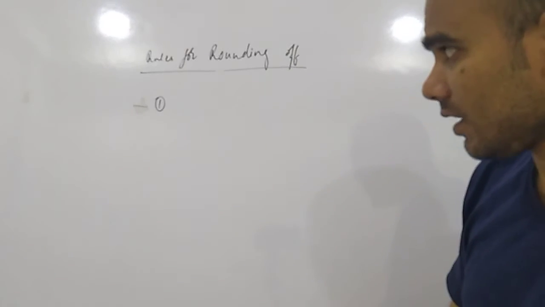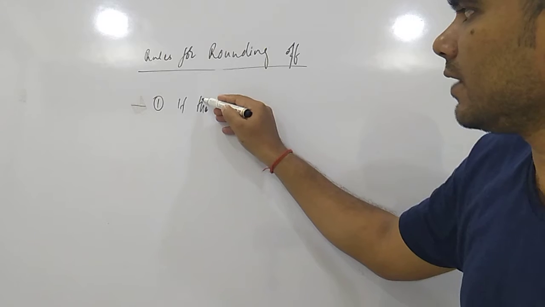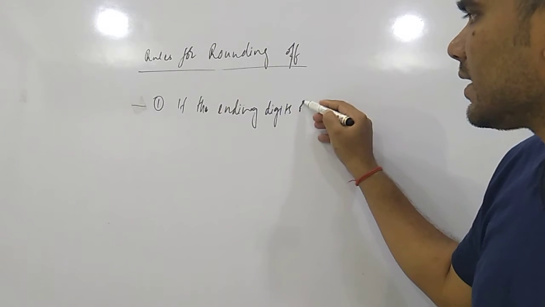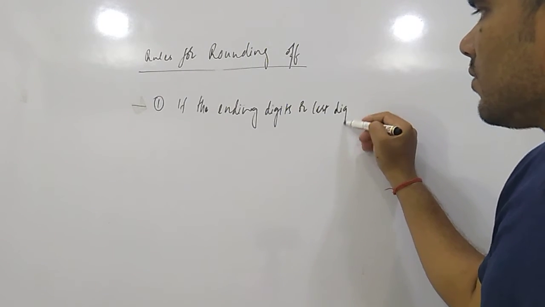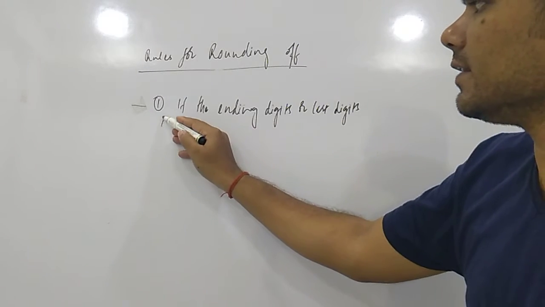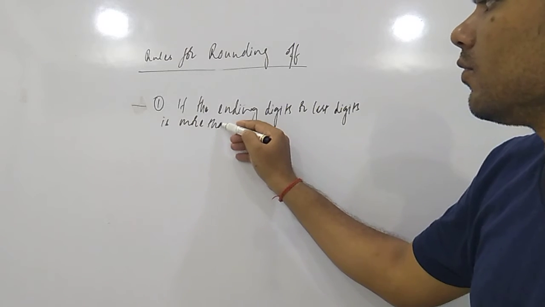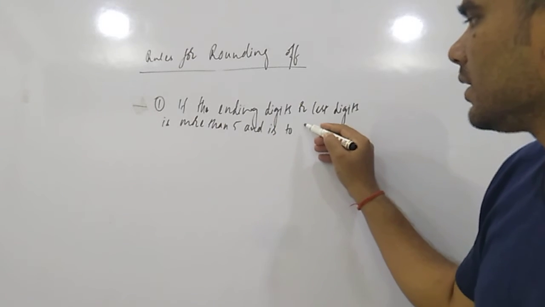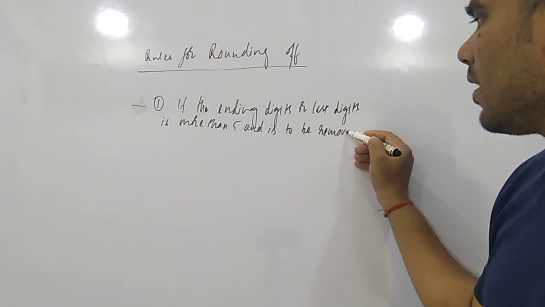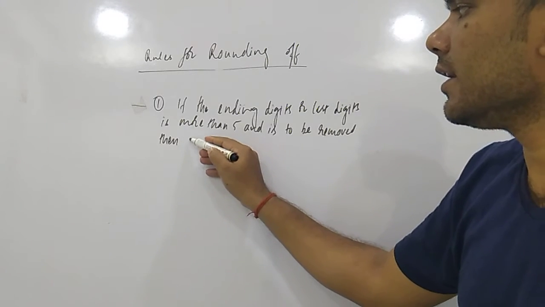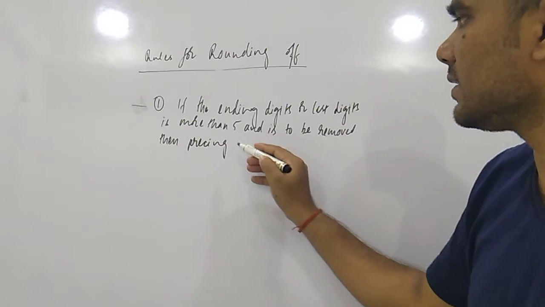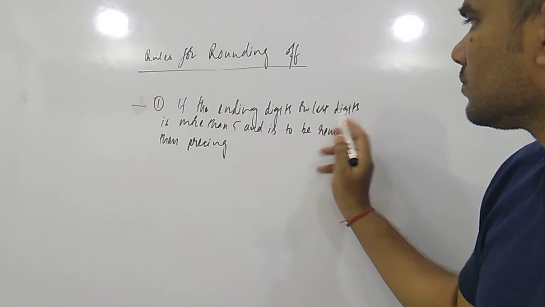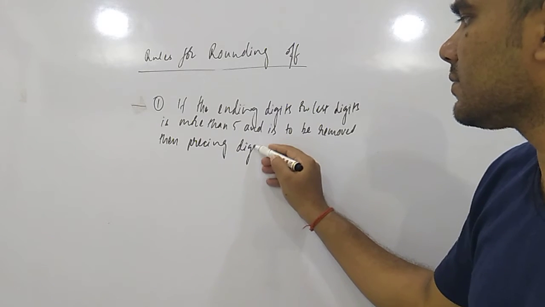Rule number 1: if the ending digit, or you can say the last digit, is more than 5 and is to be removed, then the preceding digit is increased by 1.